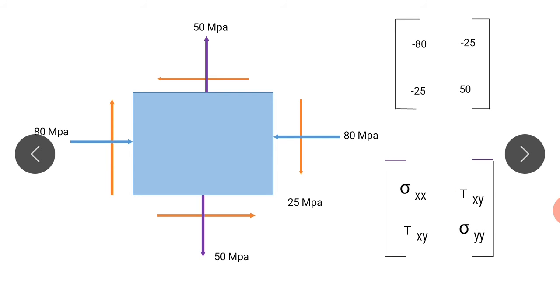We have seen that tau xy is equal to tau yx, tau xz is equal to tau zx, likewise. And here sigma yy 50, that is plus. So sigma y indicates y plane, y direction. Sigma xx indicates x plane, x direction. Tau xy indicates x plane, y direction. Likewise.